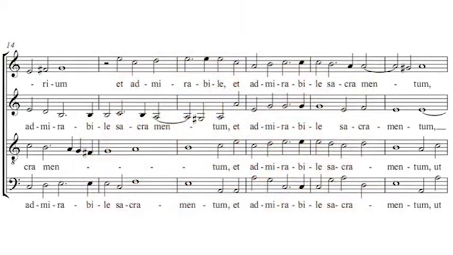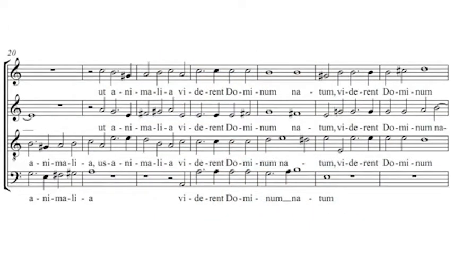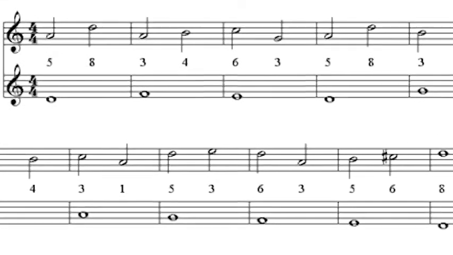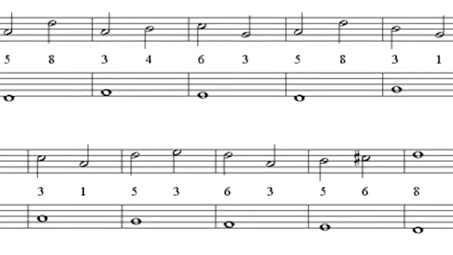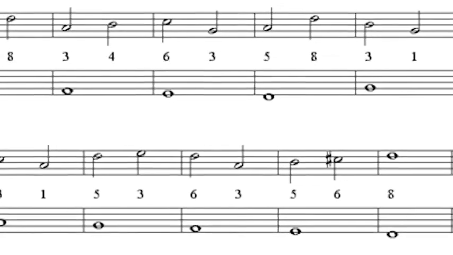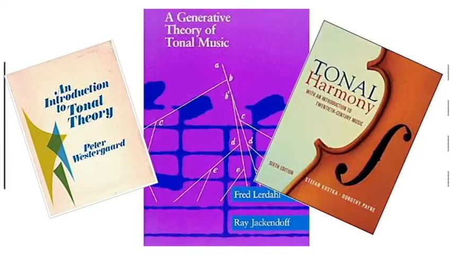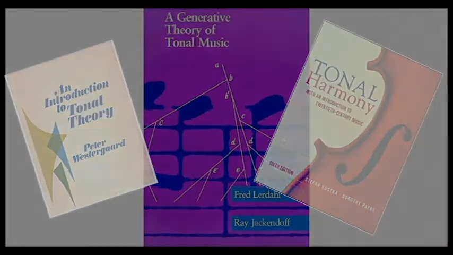Now, they didn't think of chords the way we do today. Rather, they thought of intervallic relationships, consonance and dissonance, and the fluctuation of unstable and stable sounds. This really laid the foundation for current harmonic theory.